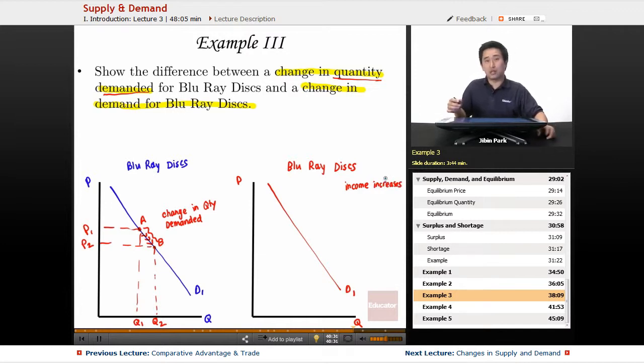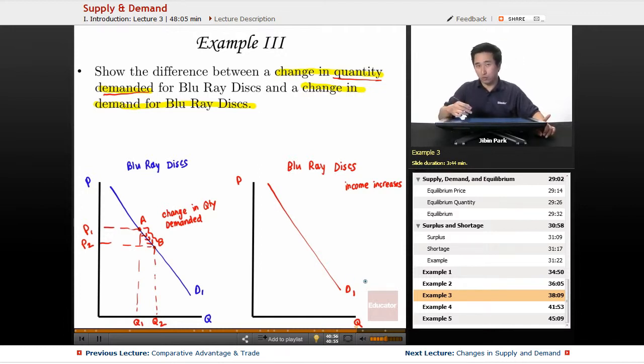Let's say the average income increases by $10,000. Then, Blu-ray disc being a normal good, it's not a change in quantity demanded. It's not the price change. It's basically at every single price level. At $3 or $4, there's going to be an increase in quantity demanded at every price point.